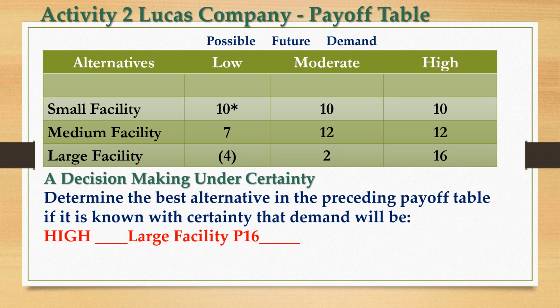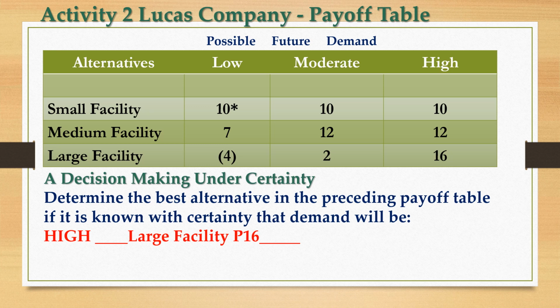And then requirement B, we are certain that demand will become moderate. It's not low, it's not high, but it will be moderate. So our decision is a medium-sized facility. And then on letter C, it's not low, it's not moderate. We are certain that demand will become high. So our decision is to construct a large size facility.